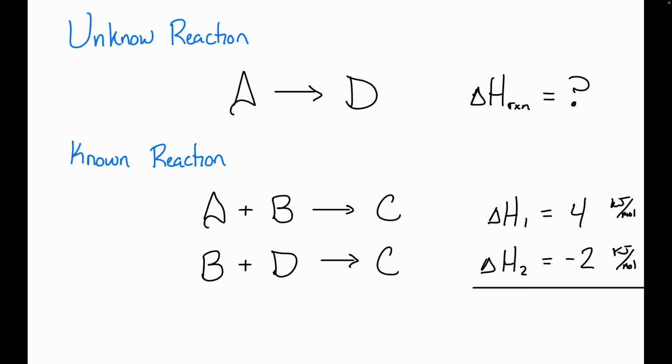Well, we have A on our reactant side in our unknown reaction, and A on our reactant side in our known reaction. Cool. But if I look at my second reaction, I have D on the reactant side, but D is supposed to be a product. So let's flip this reaction.